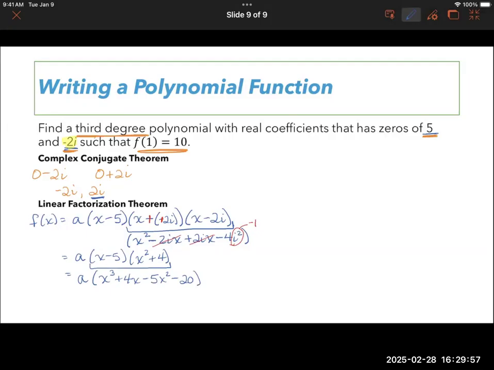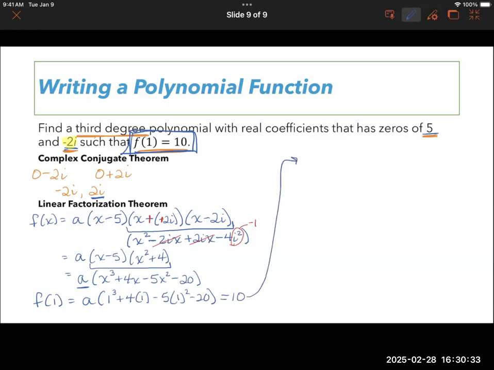Now, the missing piece here is this a value, and that's what this bit of information is for. If we know that substituting 1 in for x is supposed to give us a result of 10, we can use that to find our a value. So I'll substitute 1 in for x. And we know that has to equal 10.